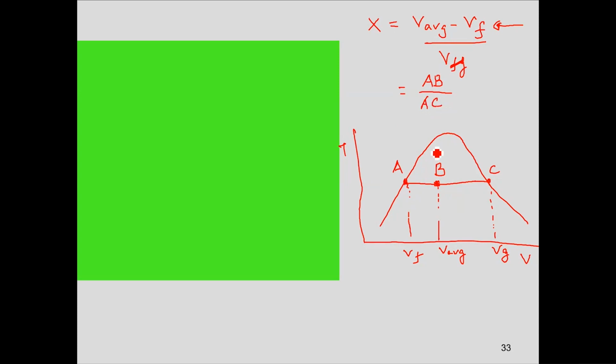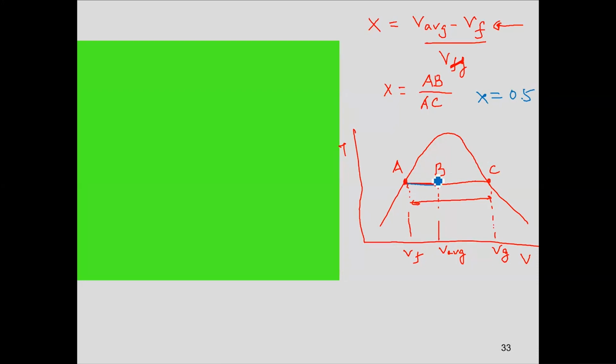So essentially, you are referring to x as this blue distance divided by the total red distance A to C. Now, if I say x equals 0.5, where do you think the point should be?